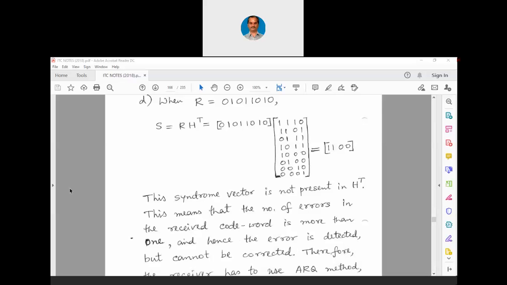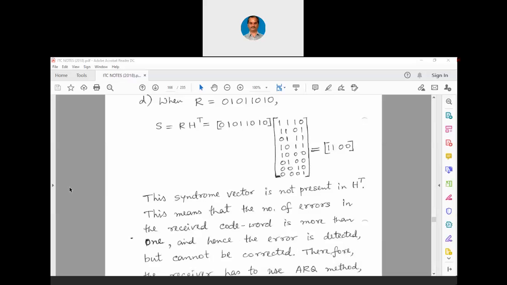This means that the receiver is able to detect the error because the syndrome is non-zero, but it is unable to correct the error because the position of the error cannot be found out. This is called error detecting ability and error correcting inability.